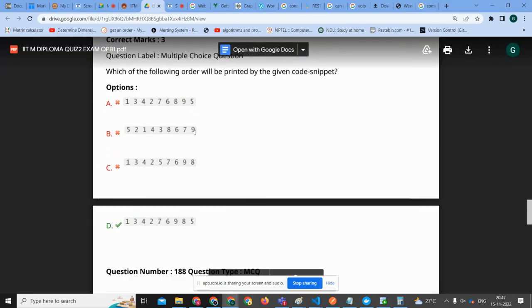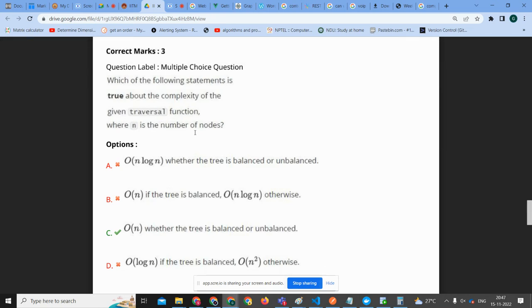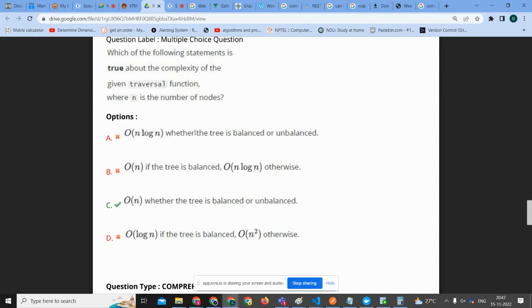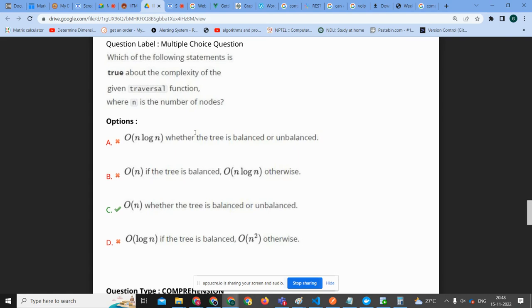Okay. So Mahi, can you tell me how the complexity was O(n)? N is the number of nodes, whether the tree is balanced. One minute. The question is, for the traversal, we are finding the time complexity.